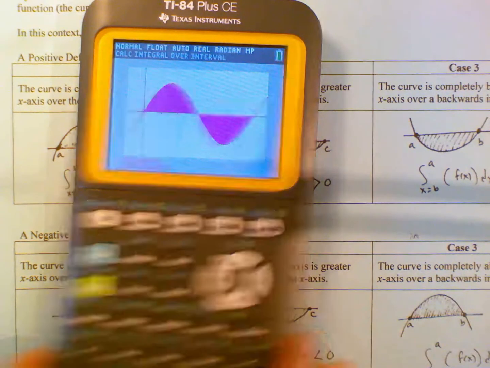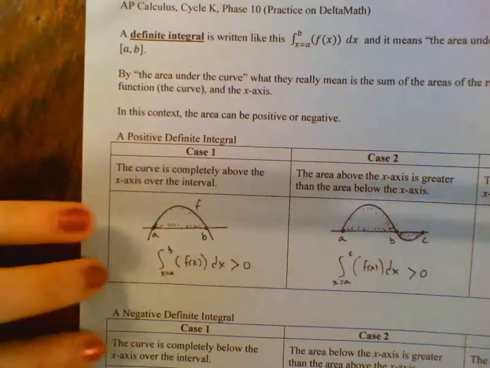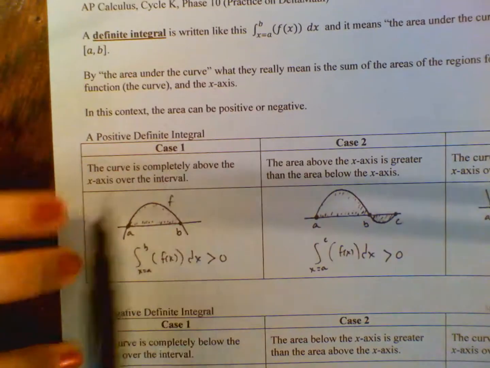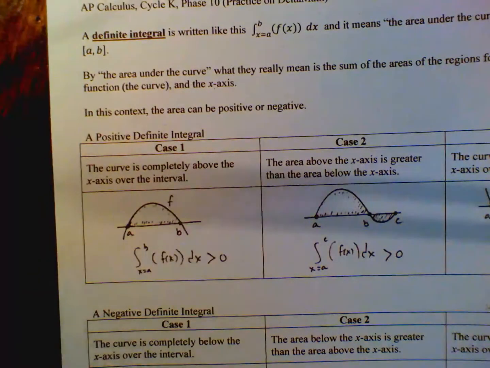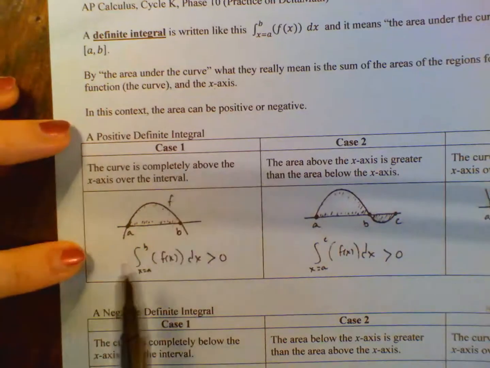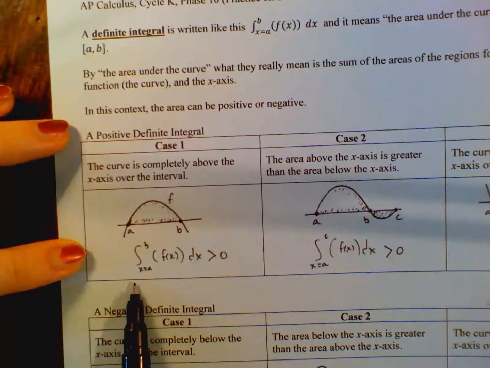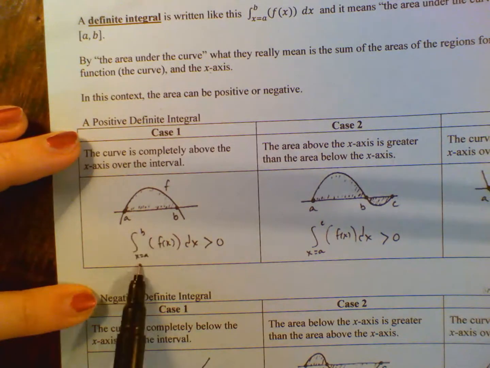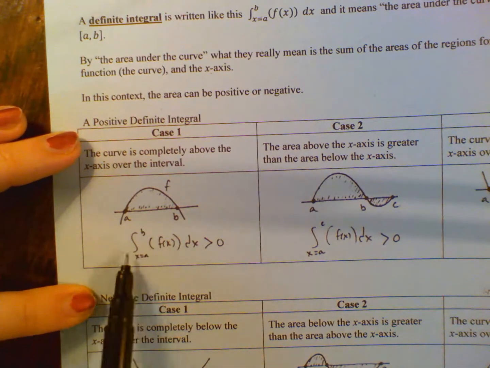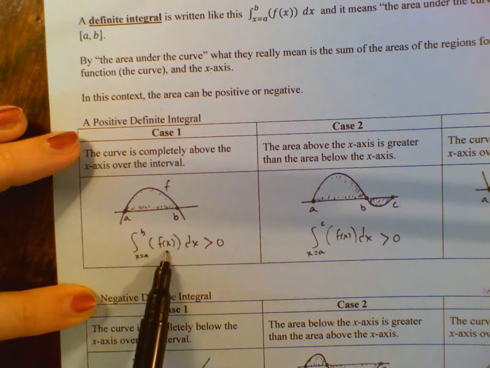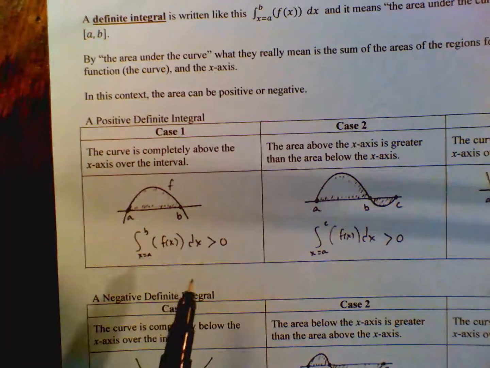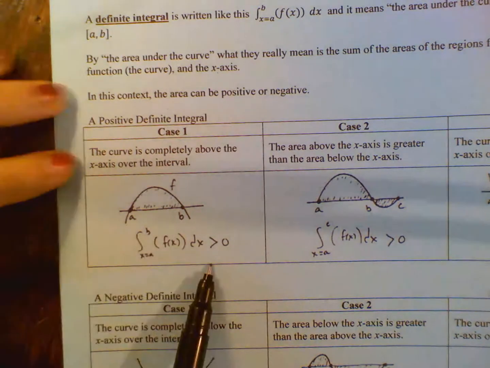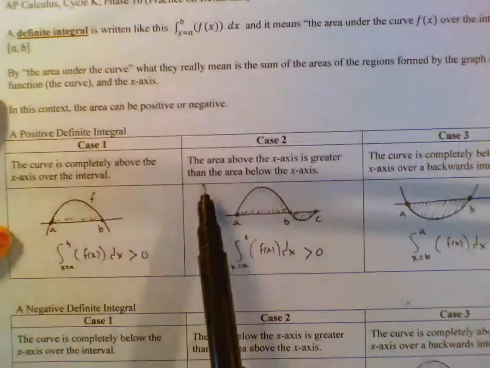Okay, now, so here we have some cases, guys. A positive integral. Case 1, you'll have a positive integral if the curve is completely above the x-axis over the interval. So this definite integral, it's called that because it has numbers on the ends, is the area under the curve of f of x on the interval a to b, and this is a positive area, curve completely above the x-axis.